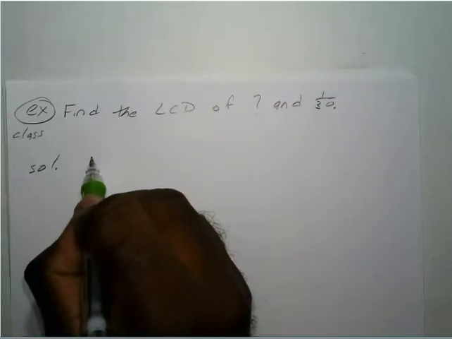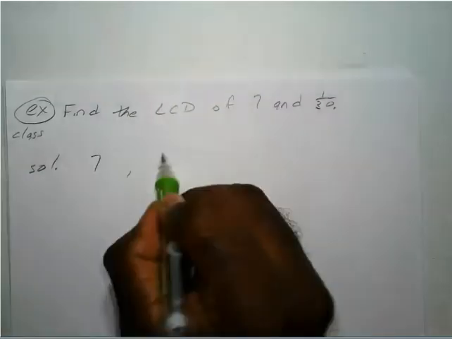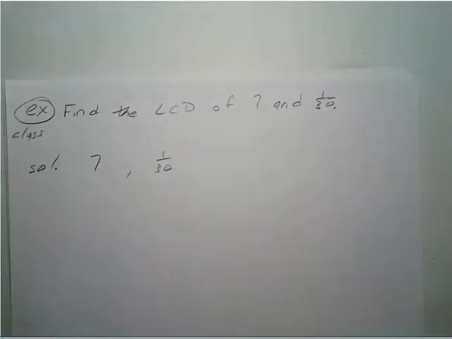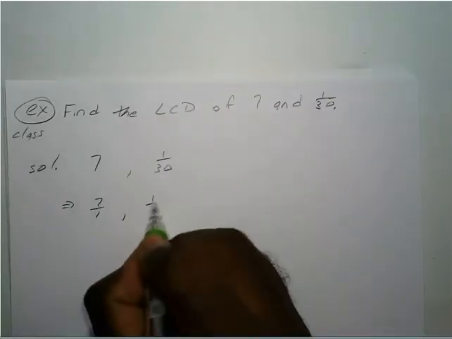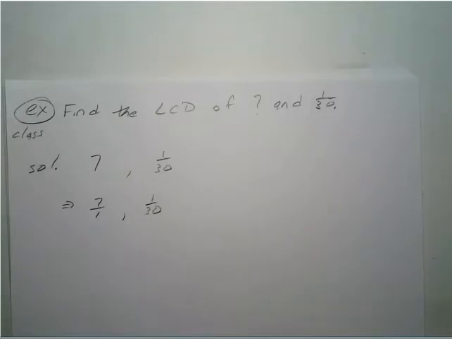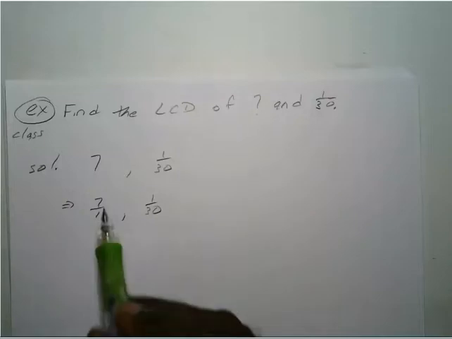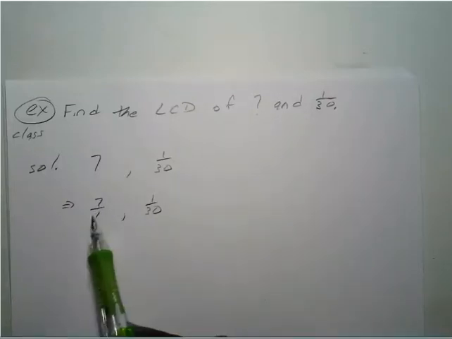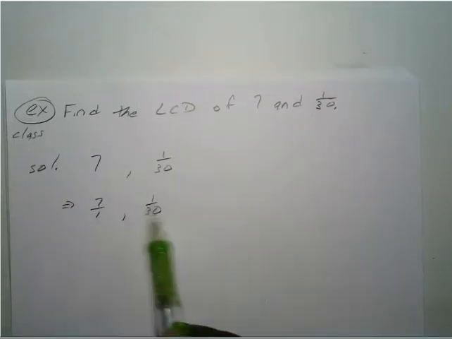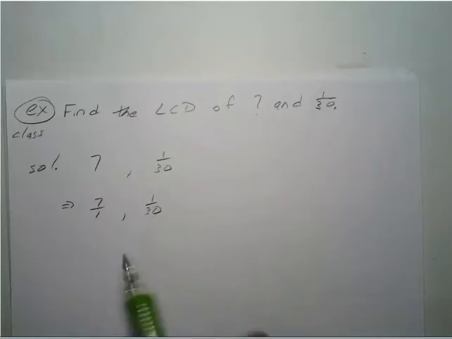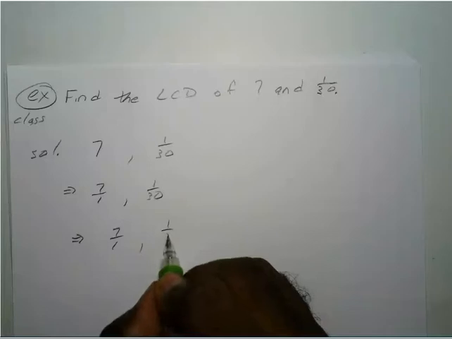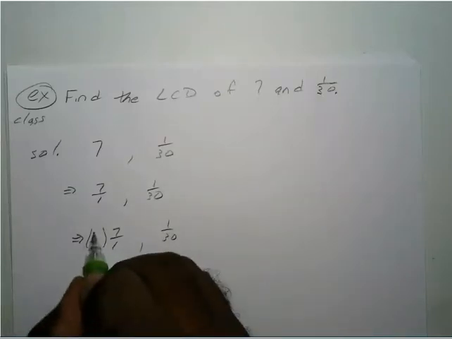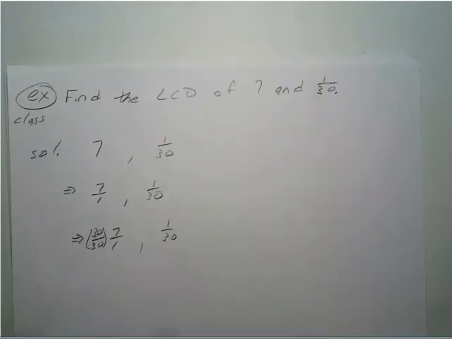Okay, so let's say you have 7 and 1 over 30. Kind of ignoring the first 2 steps, you make that 7 over 1 and 1 over 30. Now you don't have to factor the denominator, because if you have 7 over 1, there's only one thing you can do to make that 1 match up with 30, and that is multiply 7 over 1 by 30 over 30.